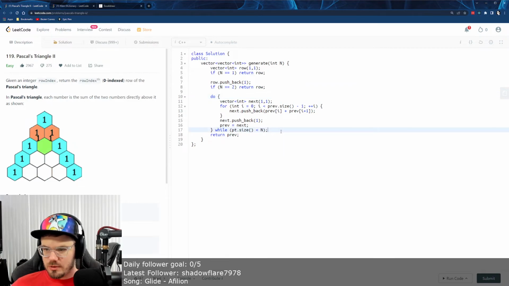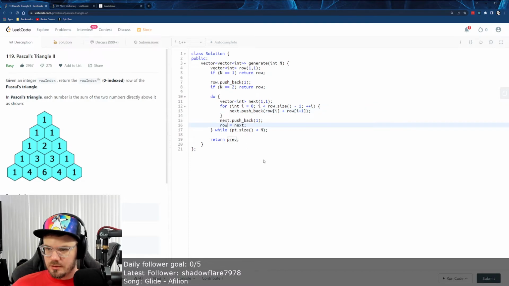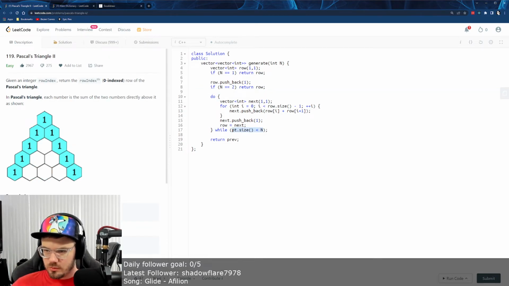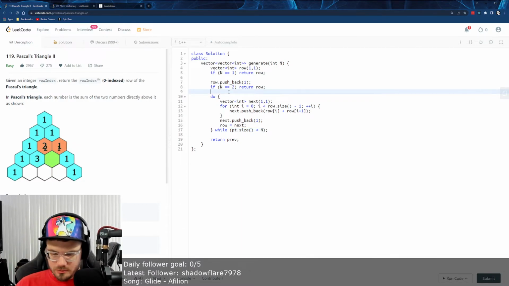Then we go into a do while loop where we're making the next row. We're iterating through the previous row to do sums. And then row equals next. And now the thing that we need to do is, so we could use an I counter that counts up to n. That would probably be fine.